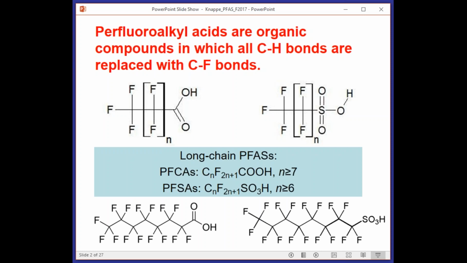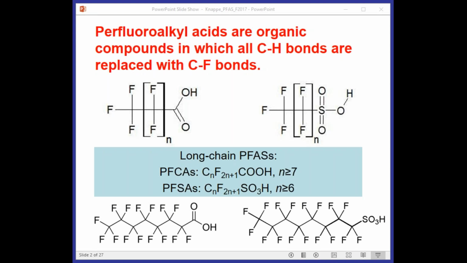In the current way of thinking about their production, we classify PFASs according to long chain and short chain. Long chain compounds are the ones that are being phased out. That means they're no longer produced in the United States, but are produced in other countries around the world, for example, China.